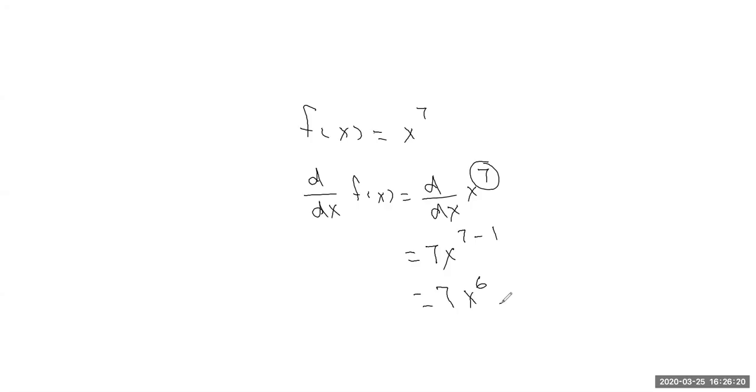Any other question on rule number 1 and number 2? Okay. Rule number 3: if you have a constant times a function, if you have c f of x, a constant times a function, how do you find the first derivative of it?